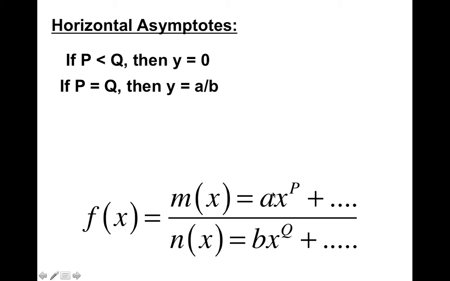So this would be whatever the a value is divided by the b value. And then finally, if p is greater than q, then it won't have a horizontal asymptote. Instead, it will have a slant asymptote, which we'll talk about later.